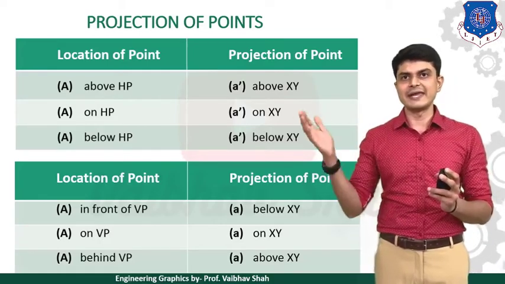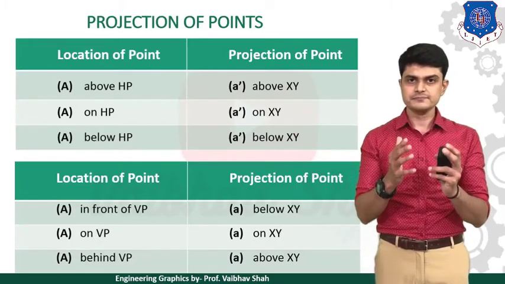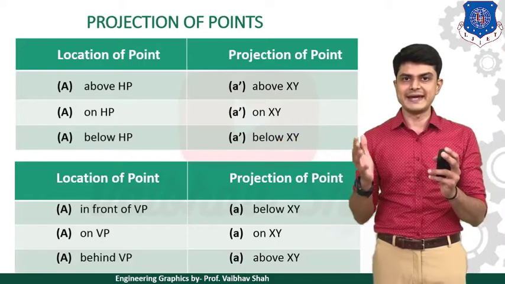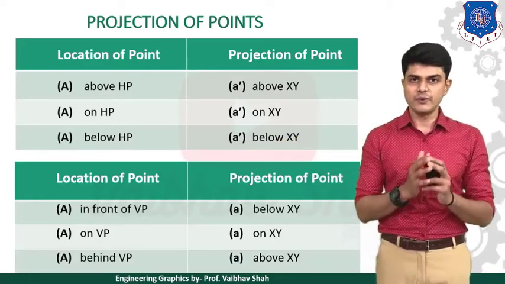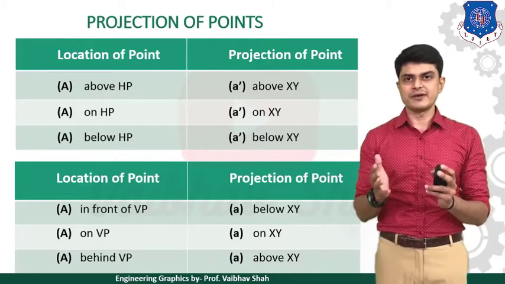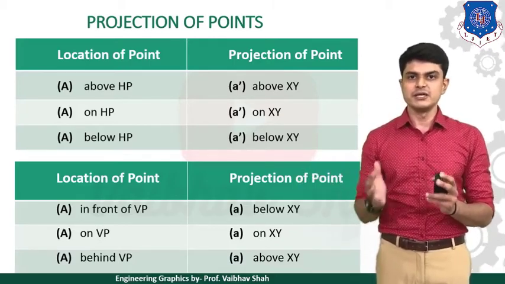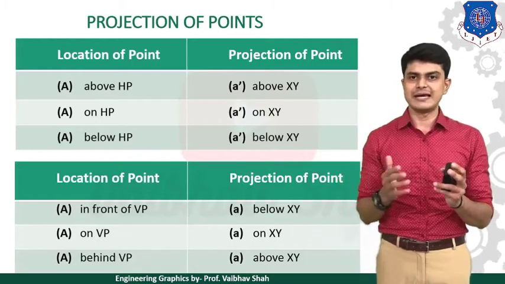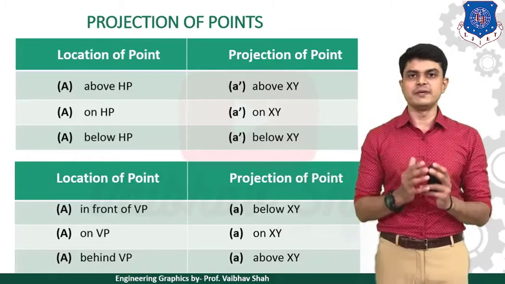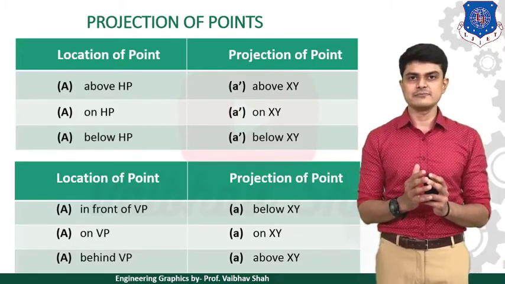Whenever it is said that your point A is on HP, your answer would be A dash on XY itself. If it is said that your point A is below HP, you need to draw your A dash below the XY line. Very simple. Now for VP, let us understand the table. Whenever it is said in your examination that point A is in front of VP, you need to draw point A below the XY line as an answer. Whenever it is said point A is on VP, you need to just draw your point A on the XY line.